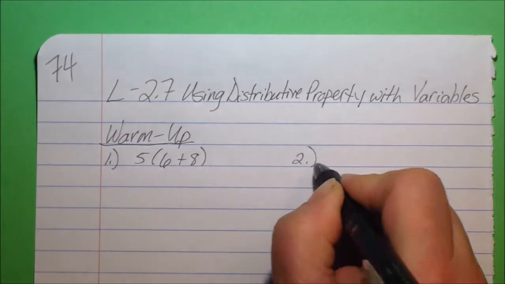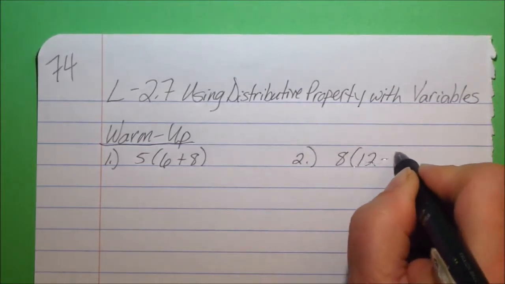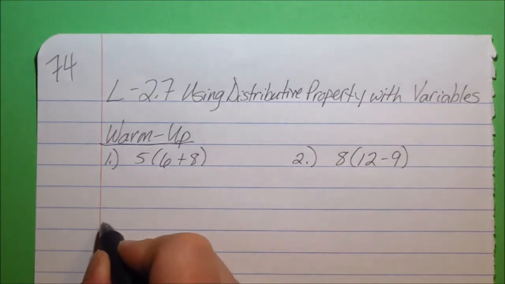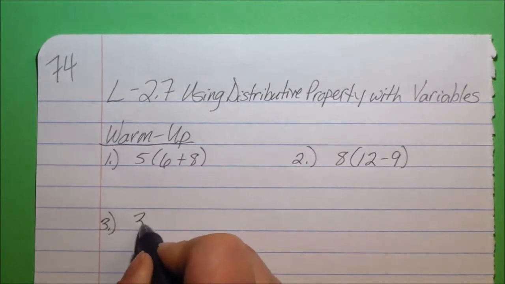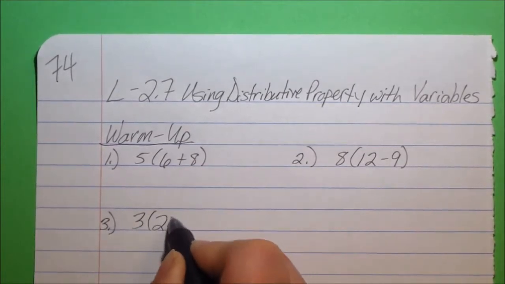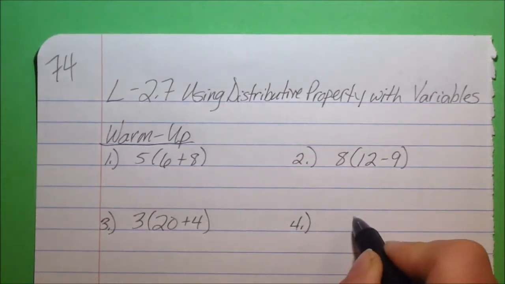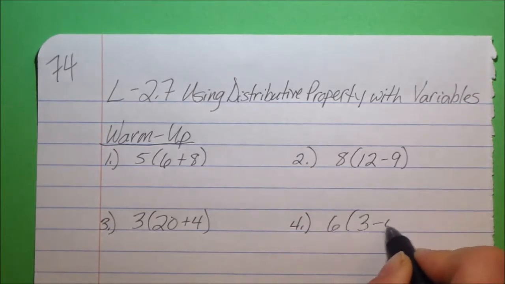Number 2. 8 times 12 minus 9. Skip 2 blanks and then 2 lines, and then number 3. 3 times 20 plus 4. And number 4, 6 times 3 minus 4.